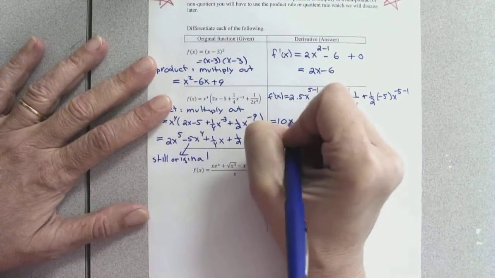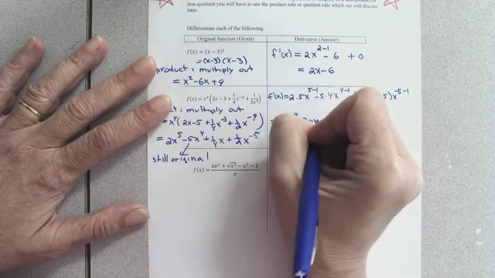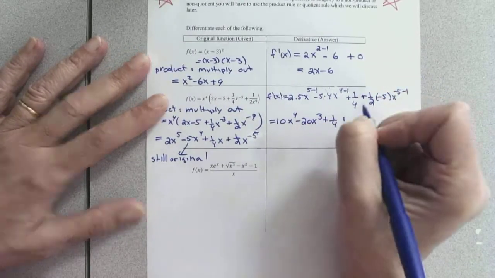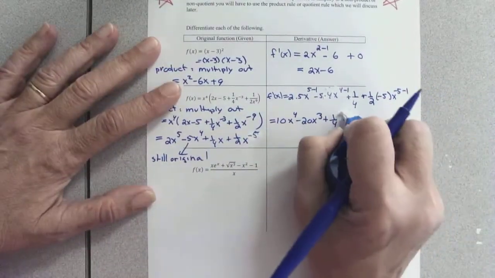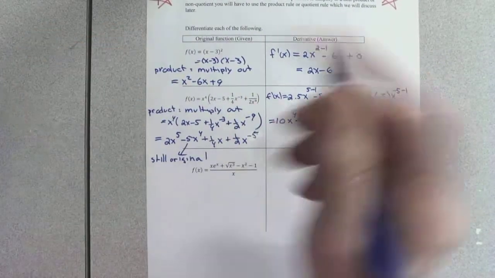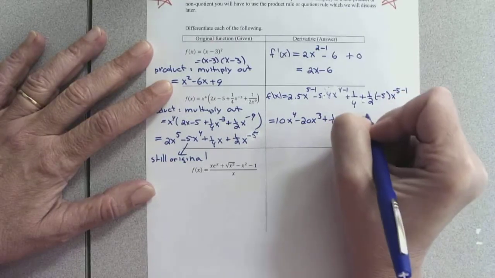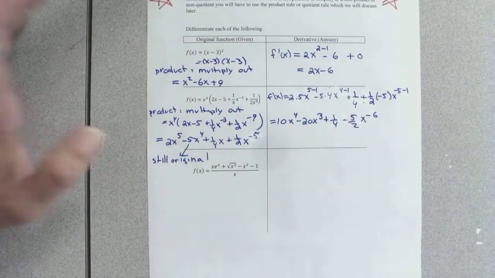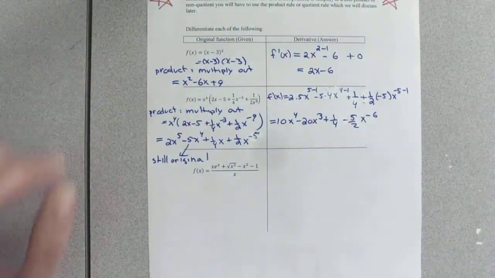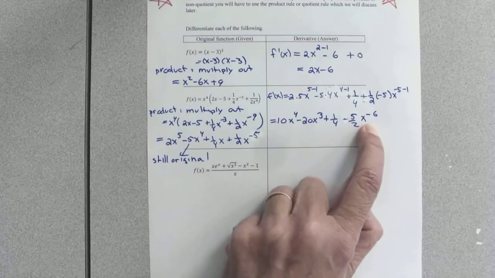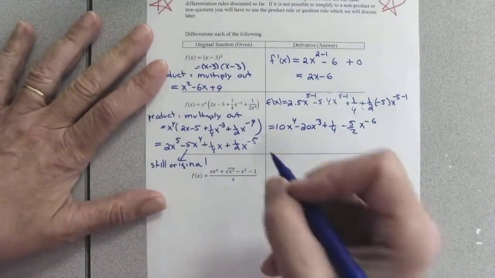So that's 10x to the fourth minus 20x cubed plus 1/4 minus 5/2 x to the negative 6. And then the only thing I would consider doing on this one as far as simplifying it is maybe dropping that negative 6 down.